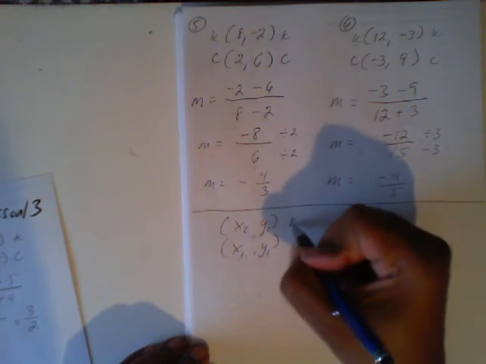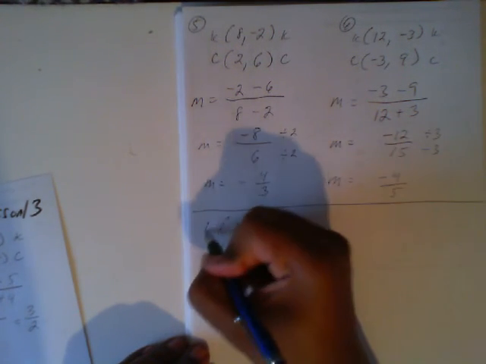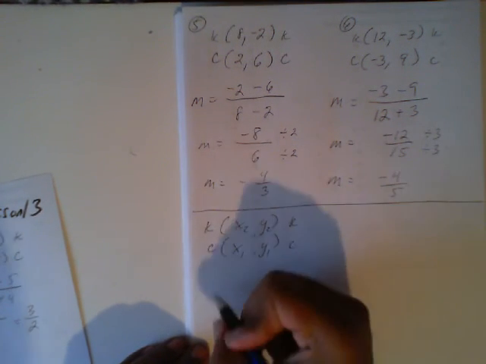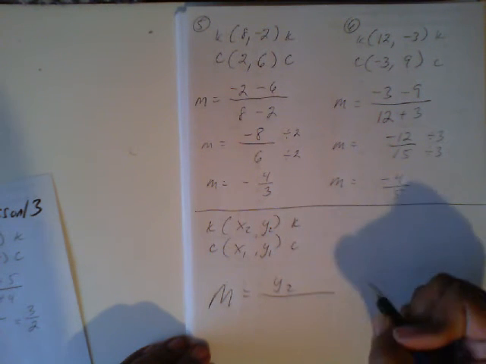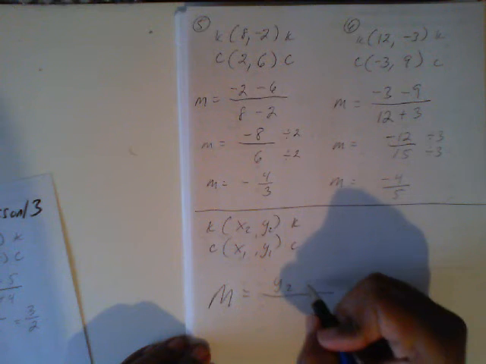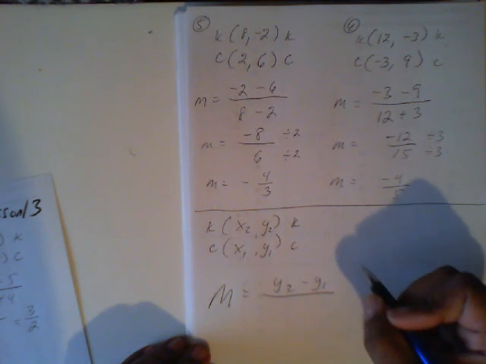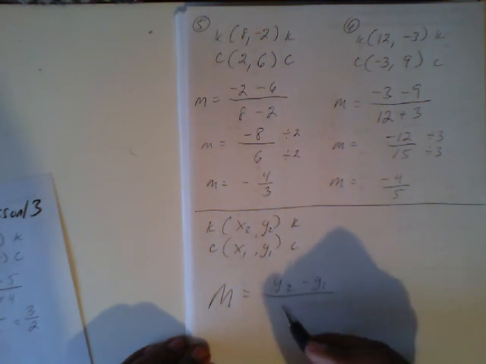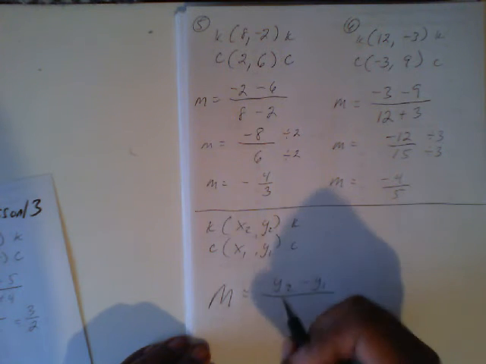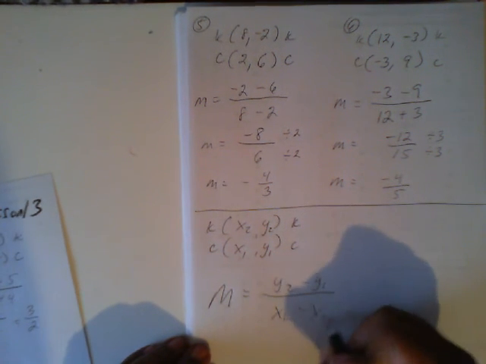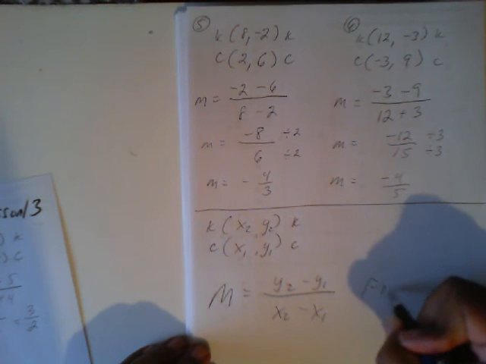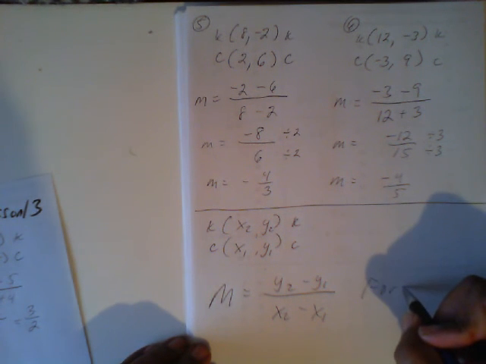What I do is a keep and a change for the y's and a keep and change for the x's. So the slope would become y2 and the opposite of y1, and the bottom part will be x2 and the opposite of x1. And so this is what we call the slope formula.